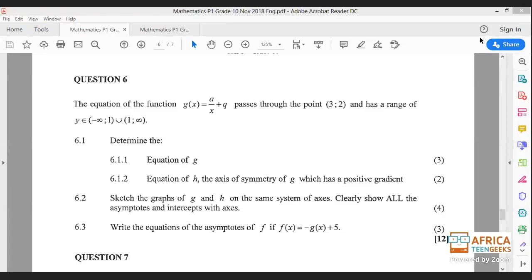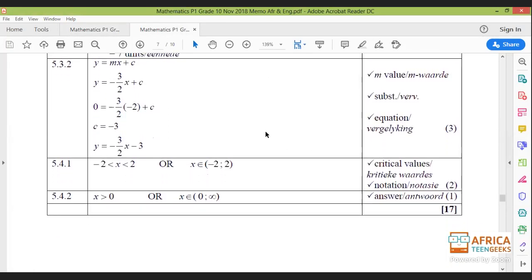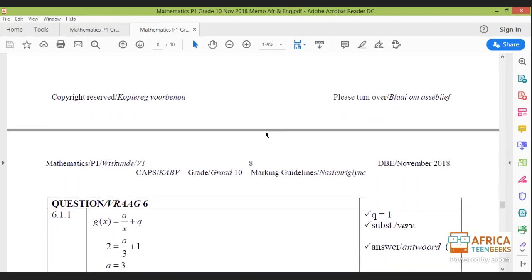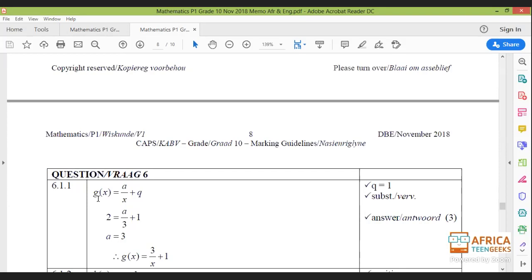So basically, what Aaron said is actually correct, right? So if we look here, guys, we must solve for a first. So your g of x equals a over x plus q. Remember, g of x, guys, is the same as y. So you were given the point as 3 to 2.